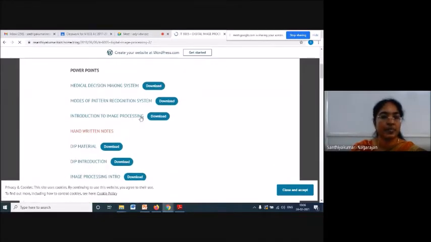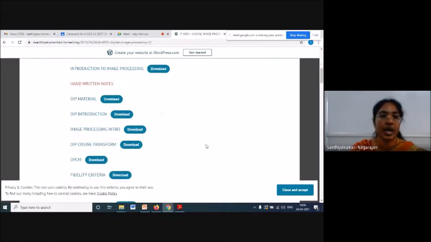Some introduction to image processing applications, in what way these subjects helped my research, and what direction it has taken, is posted as a PPT. It shows how recognition of an image helps to categorize the patterns available in an image. These are the PowerPoints I have posted, and for the entire 5 units, handwritten notes are also posted.